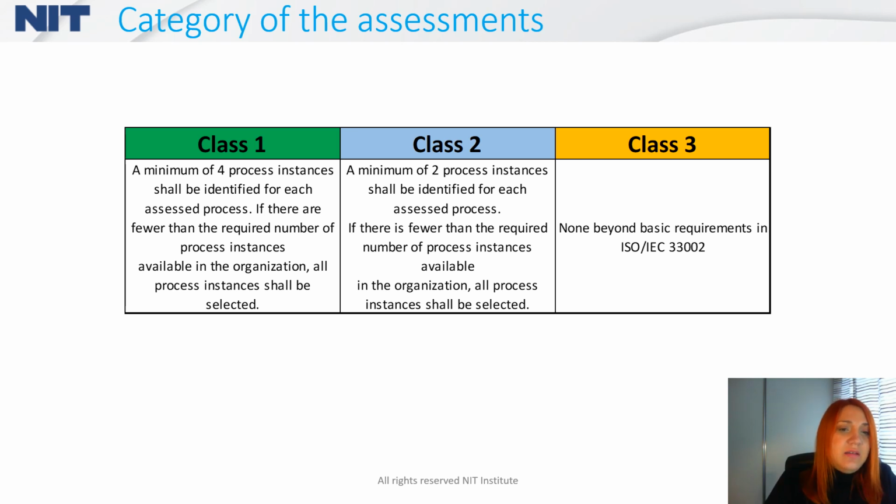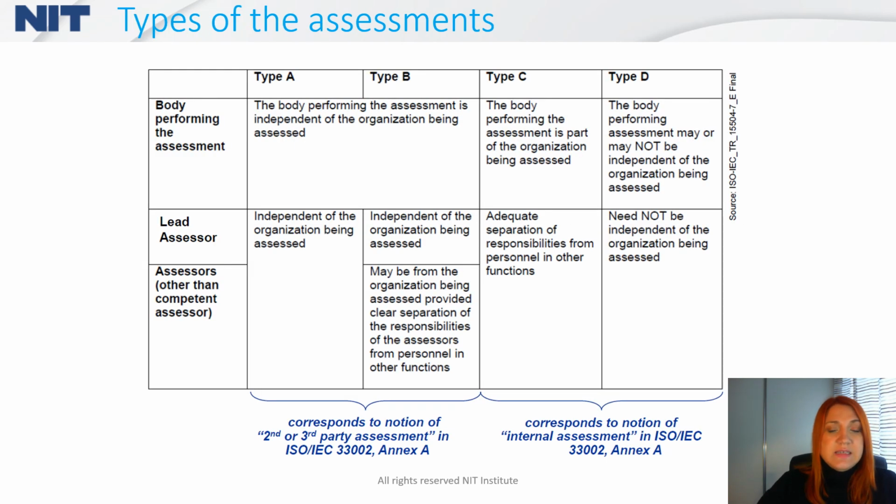It is not strictly said that for class 1 you must use 4 as a minimum, because it could also be less if the company does not have them. This categorization helps all the assessors to explain the scope of the assessment.